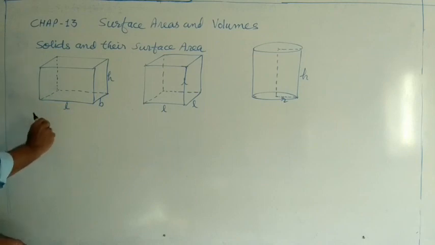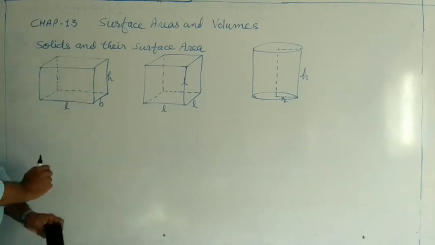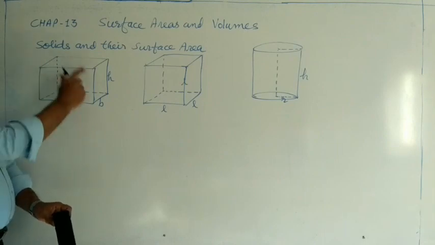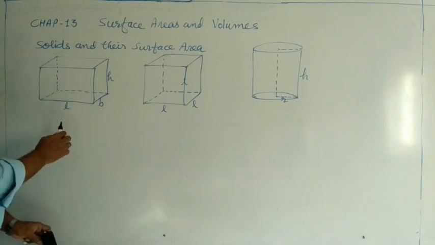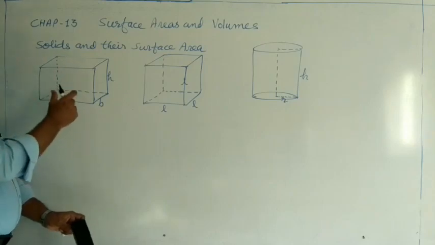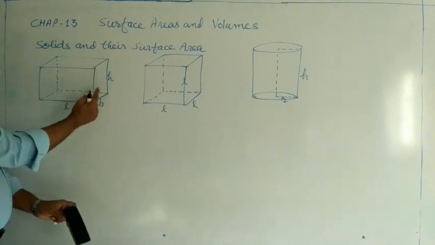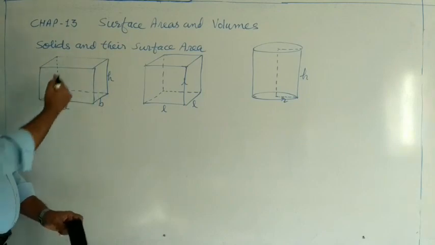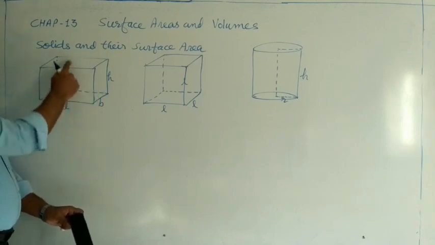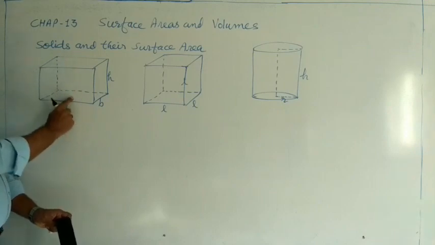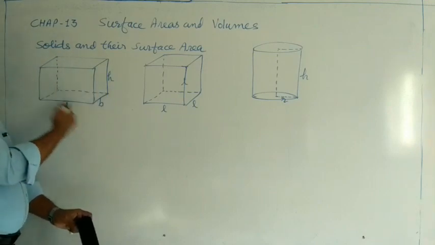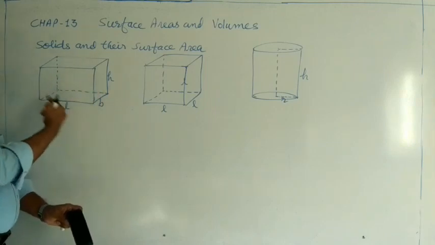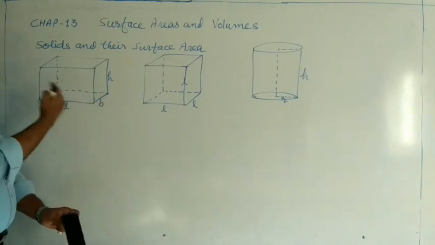Surface area of cuboid means here it has 6 surfaces. So we have to go for the area of all the 6 surfaces, and that is what we call total surface area. If we go for the area of all the 4 surfaces except top and bottom, that is what we call curved surface area, or here, as it is not curved, we say lateral surface area of all the faces.